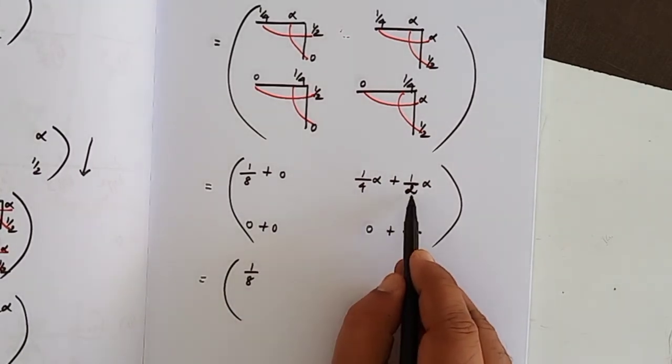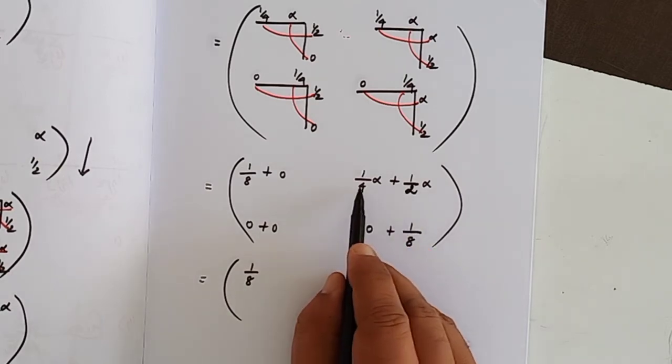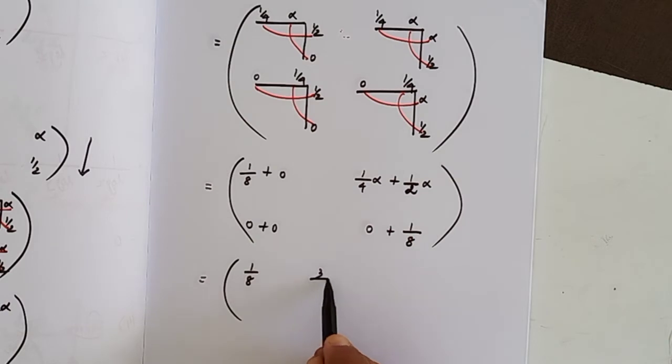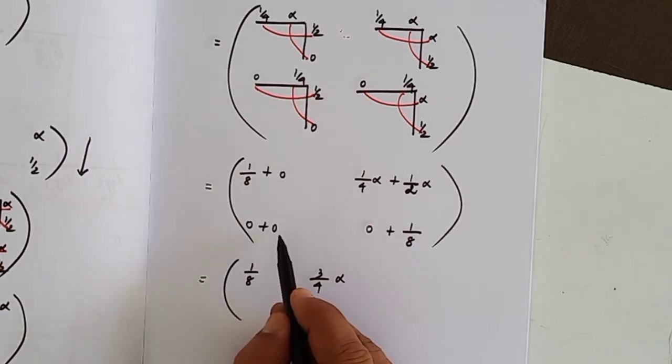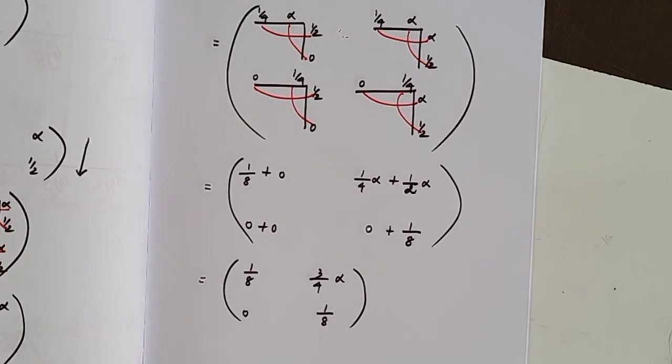Quarter plus half is 3/4 alpha. 0 plus 0 is 0. 0 plus 1/8 is 1/8. Like that we can find A power 4, A power 5, A power 6, etc.